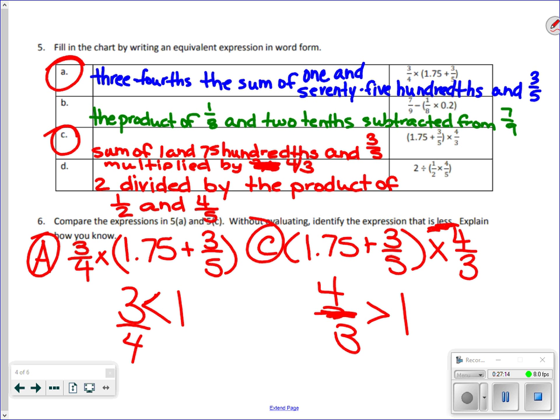Because 3/4 is less than 1, this gets smaller. 4/3 is greater than 1, that over there gets bigger. These numbers are the same. If I multiplied it by 3/3, it would say exactly the same.